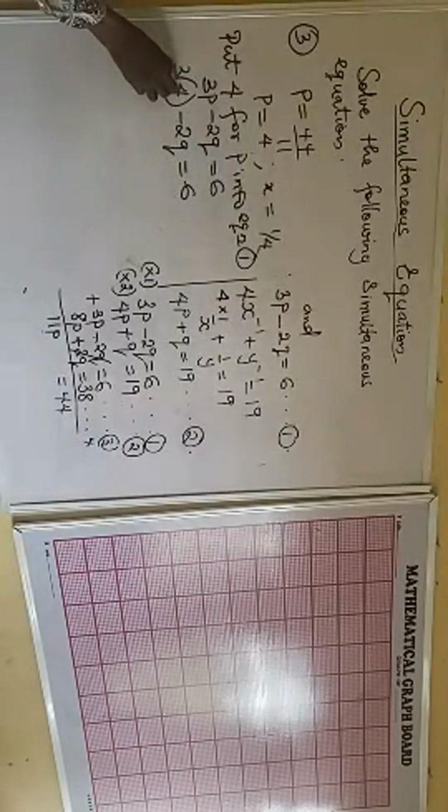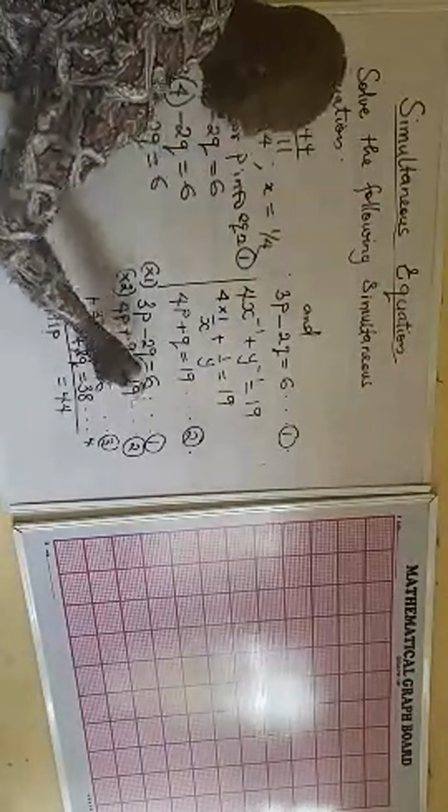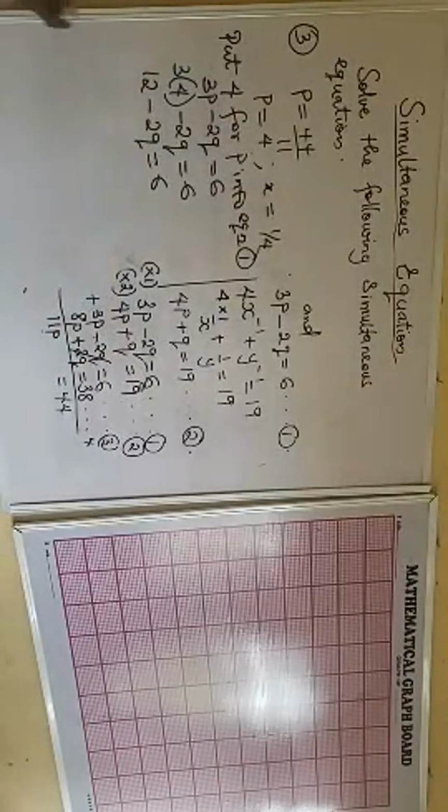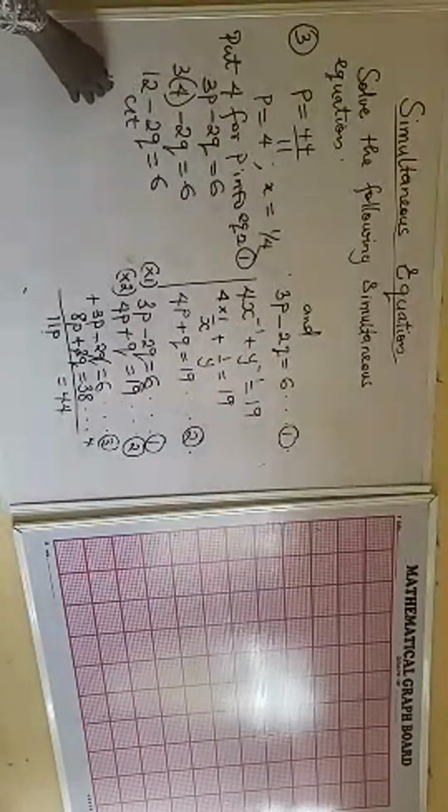Now, 3 times 4 is 12, so 12 minus 2Q is equal to 6. Now, collect like terms.